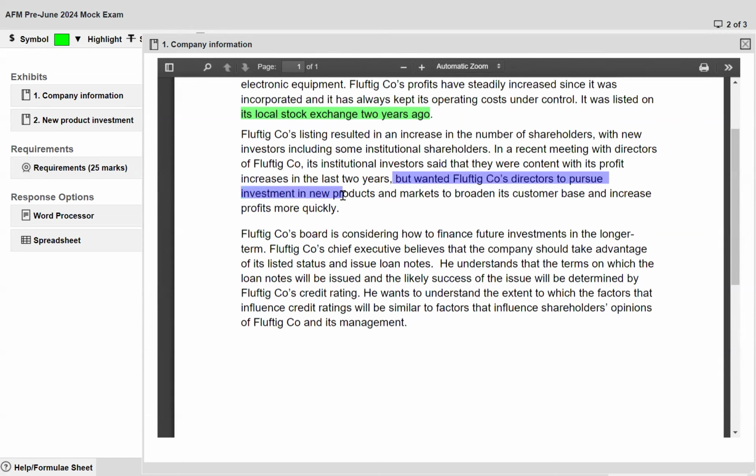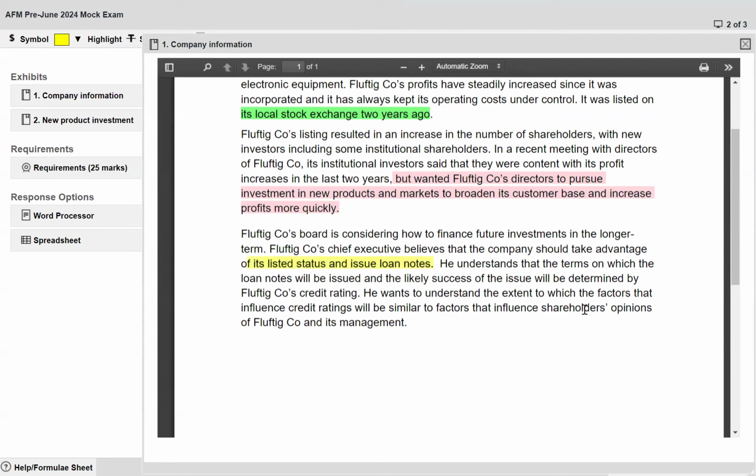Now, whether or not you agree with this statement should also come out in the solution. The board is considering how to finance future investments in the longer term. The chief executive believes that the company should take advantage of the listed status and issue loan notes.